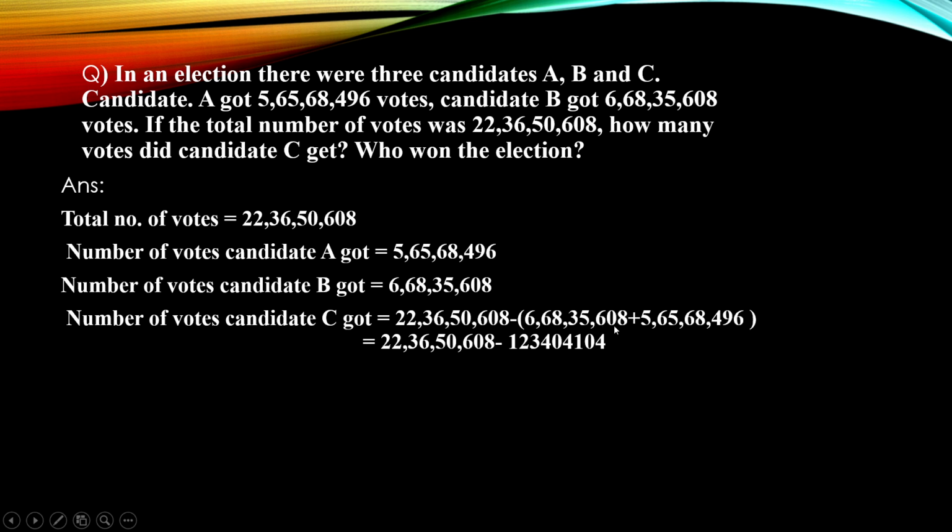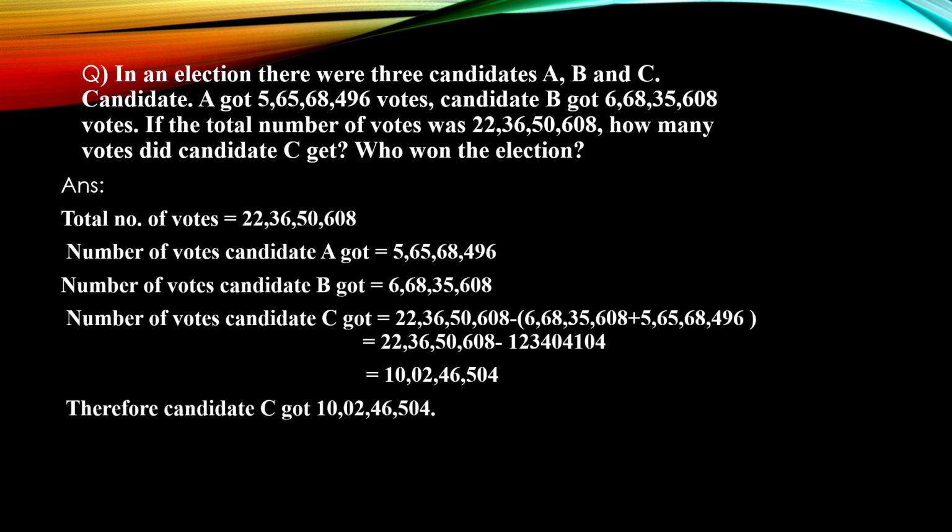Here I have given you the steps. And we get the number of votes which candidate C got, that is 10 crore 2 lakh 46,504.